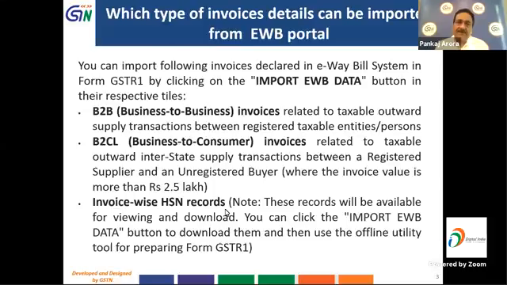So the feature has been introduced at the GST portal, wherein you can import the invoice details of outward taxable supplies from the e-way bill portal into the GST portal while preparing your form GSTR1.